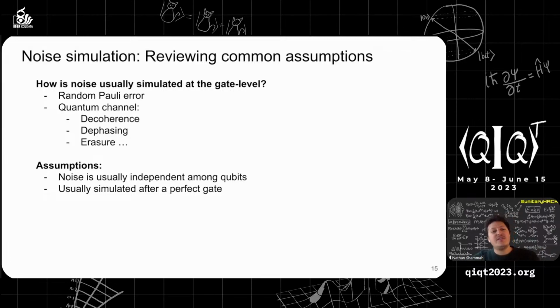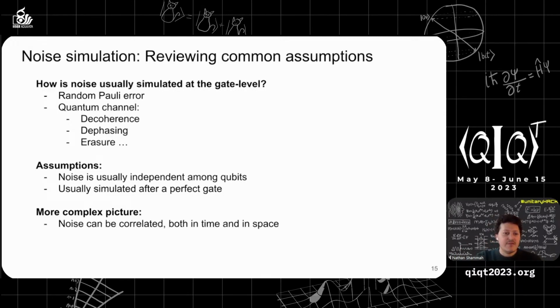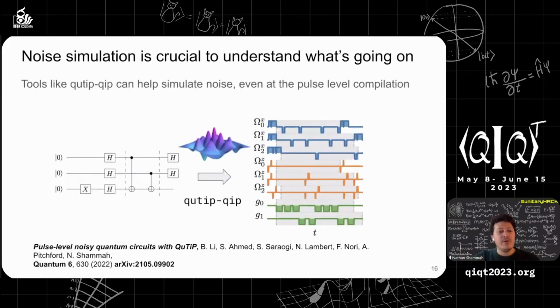It is usually simulated after a perfect gate, but this also could not be exactly the case. So correlation could happen both in time and space. And the ideal operation of a perfect gate and noise may not be separable.